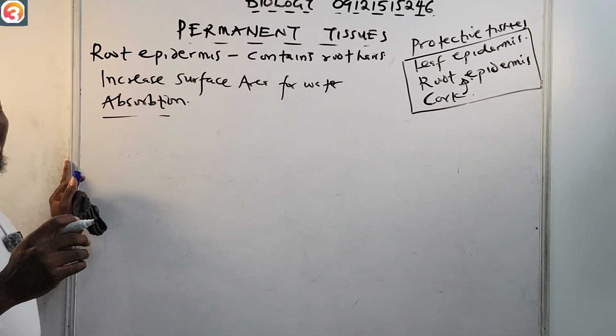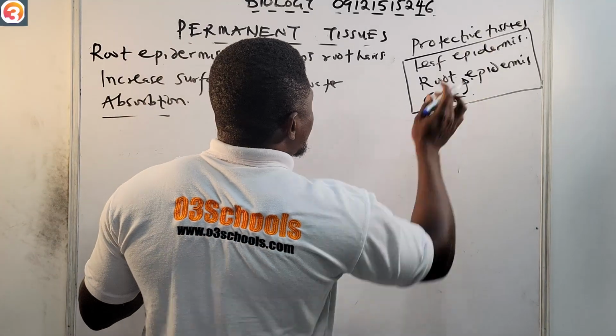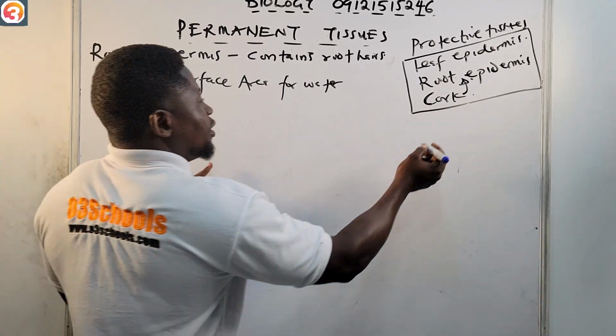They are found in the woody stem of old plants. Like I said, they are made from protective tissues. And also, what is the function of this cork?